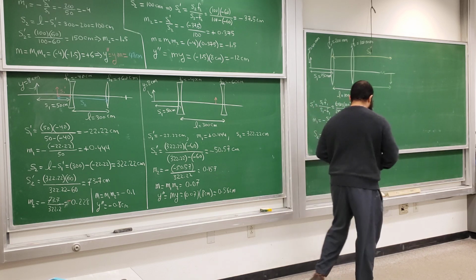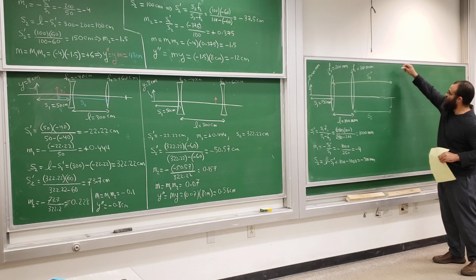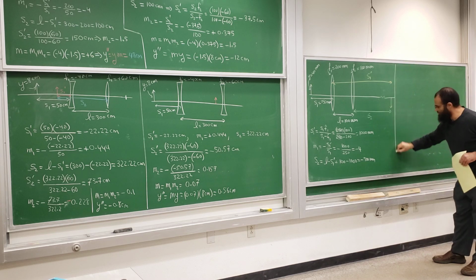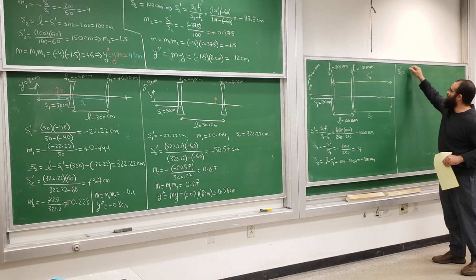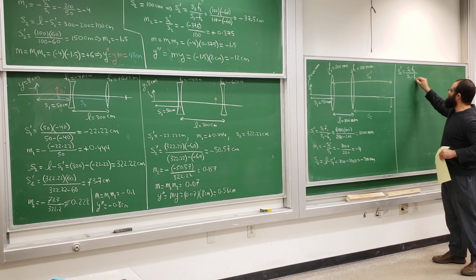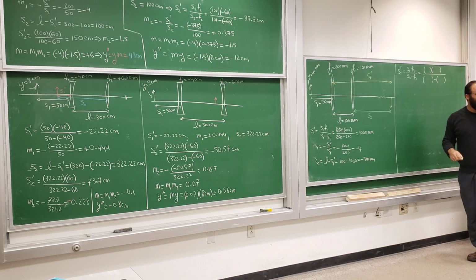Next, we need to figure out where S2 prime is. S2 prime would be S2 times F2 over S2 minus F2. Okay, that's on purpose so we don't make a sign mistake.